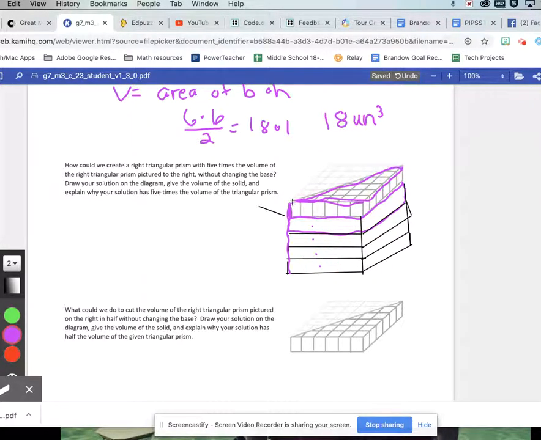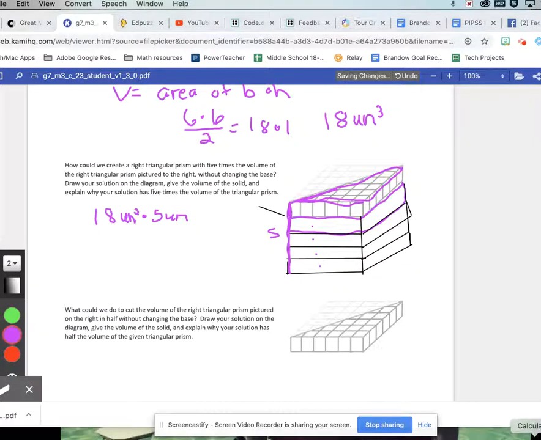Give the volume of the solid. So I already know that the base was 18 units squared, and I have to times that by its height, which is now, I know, 1, 2, 3, 4, 5 units.